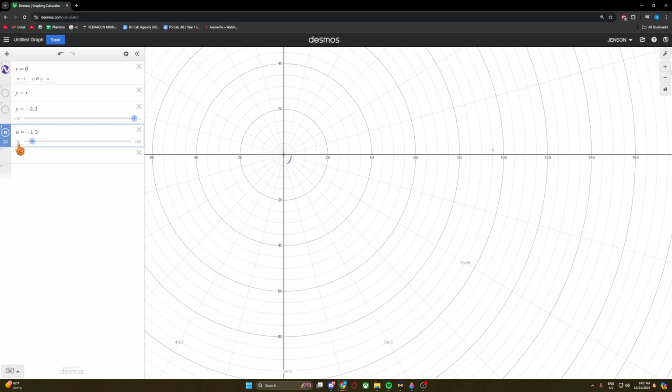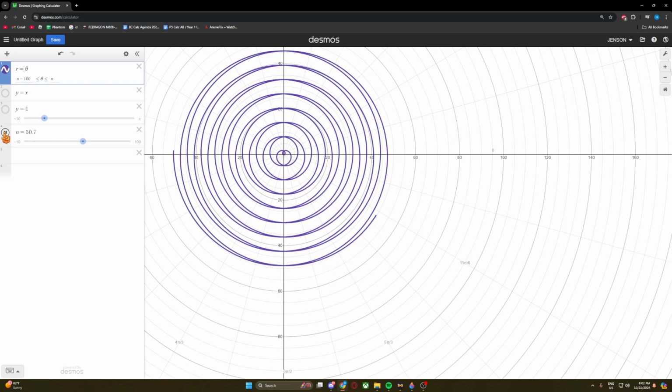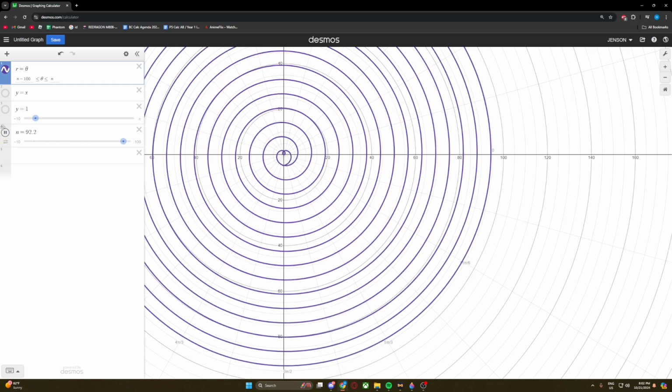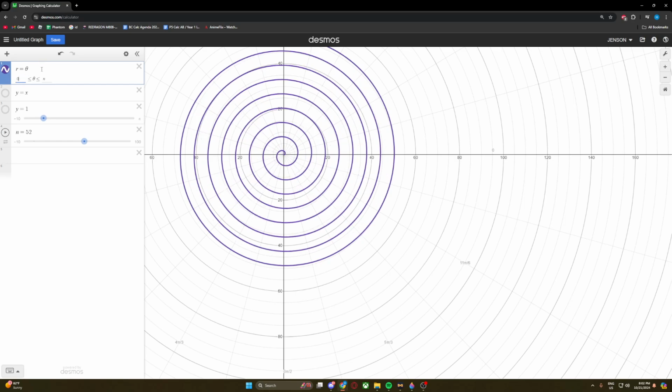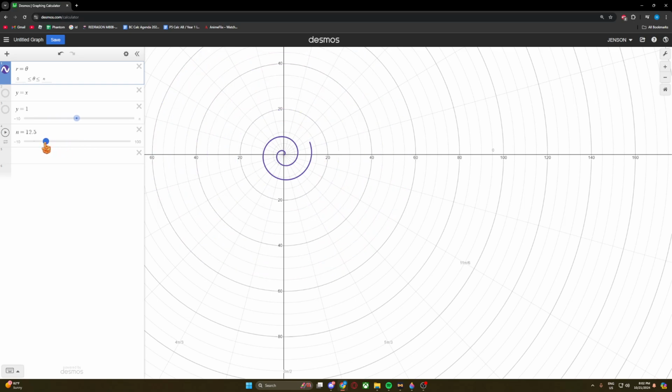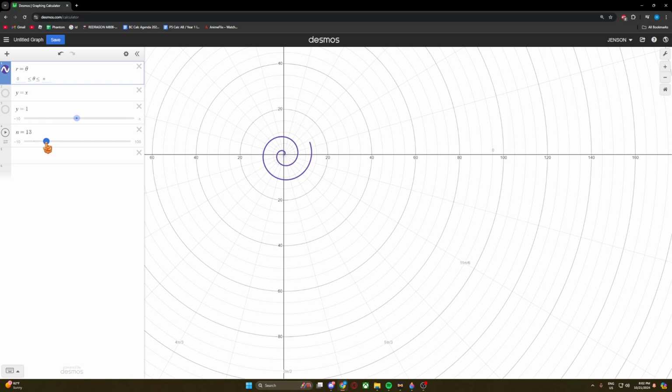You can actually see it growing now. And if I had it like that, you can probably see the circles a lot better. Keep it at 0 or less than 0.